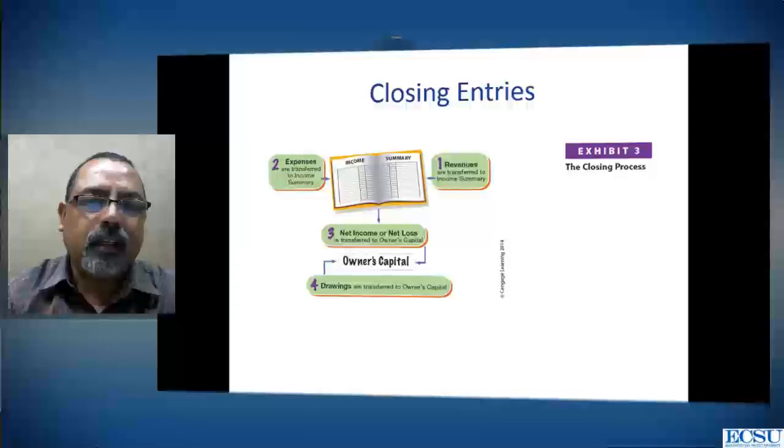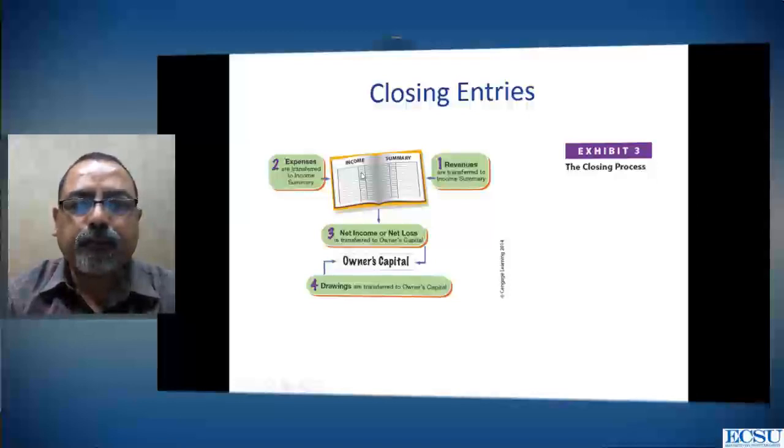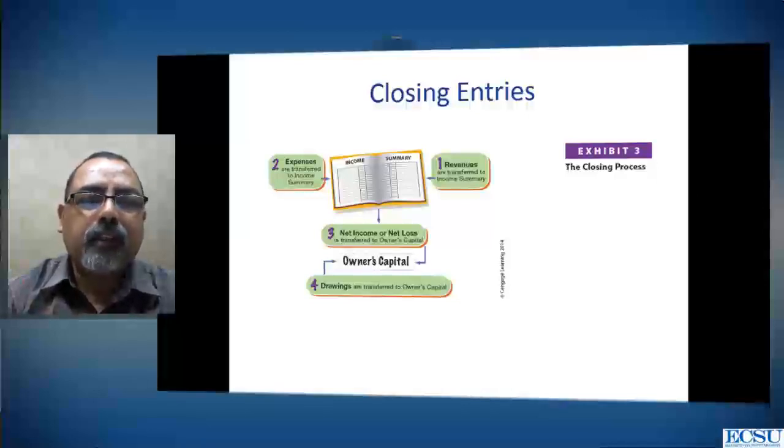Now please understand, expenses always have a debit balance. So if expenses have a debit balance, if I want to close them, I will be crediting them. If I credit the expenses, I will be debiting the income summary. Revenues always have a credit balance. So if I want to close them, I have to debit them, and I will be transferring to the credit side, the income summary account.